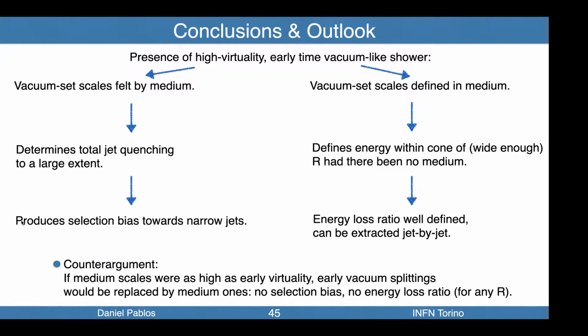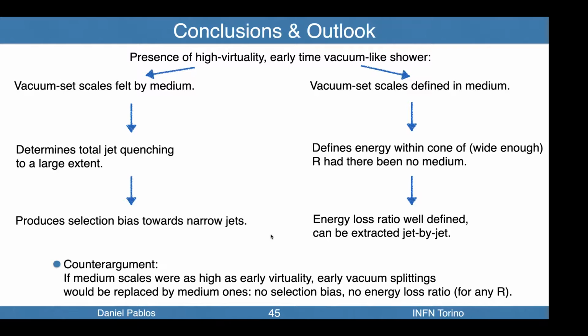Therefore, there's a selection bias towards narrow jets. On the other hand, this same assumption means that there are vacuum-like scales that are defined in the medium. And this, for a wide enough R, defines the energy within the cone had there been no medium, due to the collimated structure of jets. Therefore, the energy loss ratio is well defined and can be extracted jet by jet.